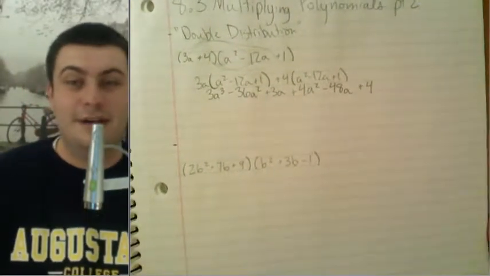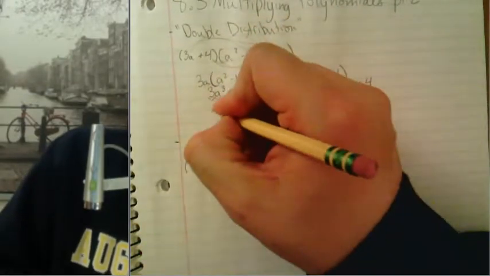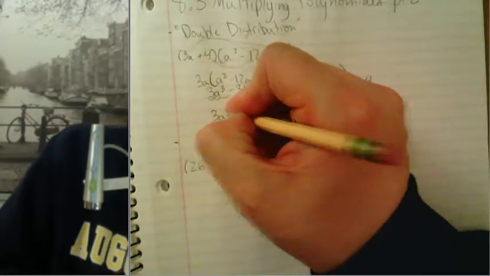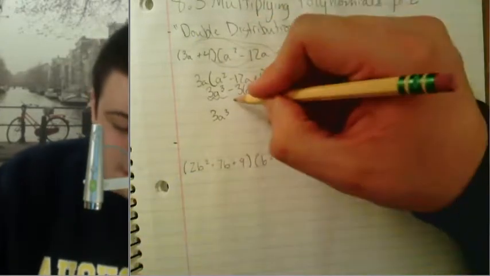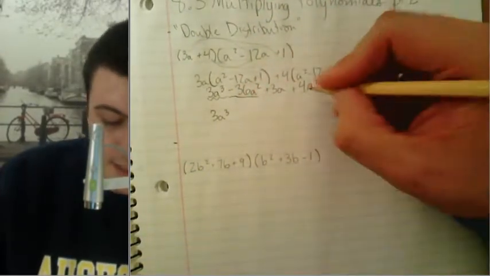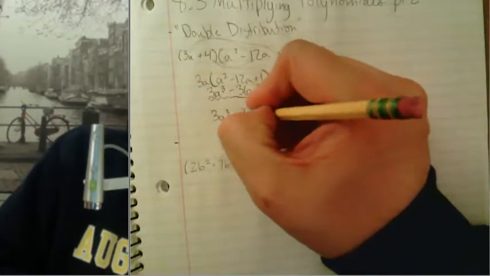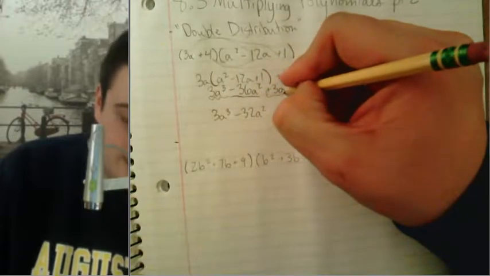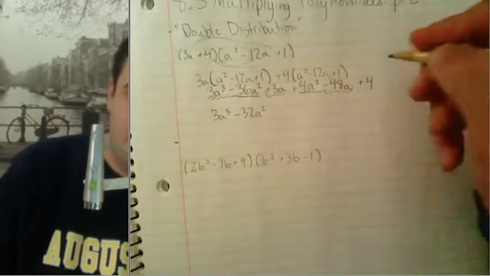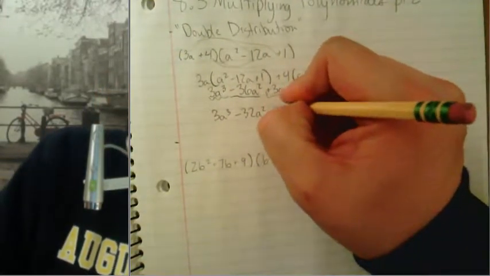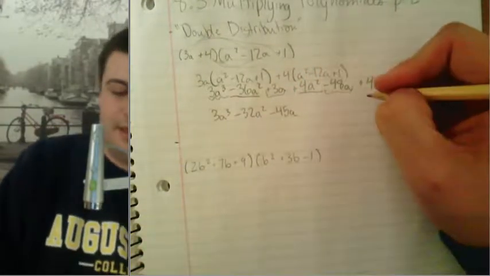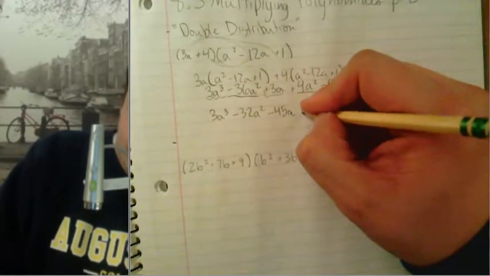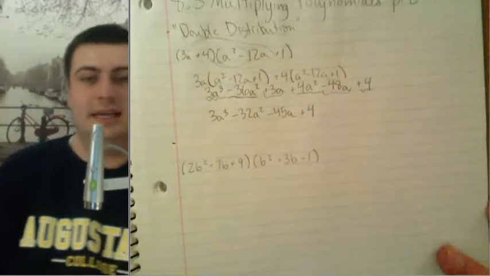And now we go for combining like terms. I start and see that I have this 3a cubed. I look at my a squareds, I have minus 36a plus 4a, so that's going to be minus 32a squared. I have plus 3a minus 48a for minus 45a, and I'm left with plus 4 at the end.